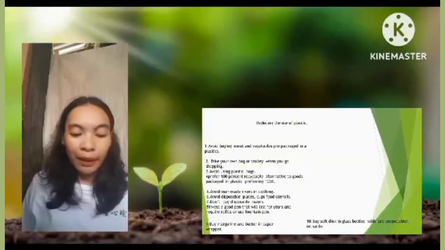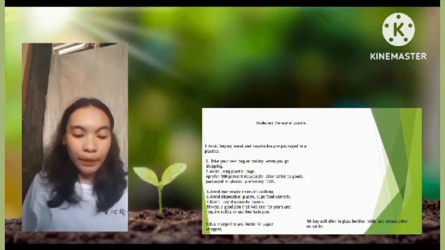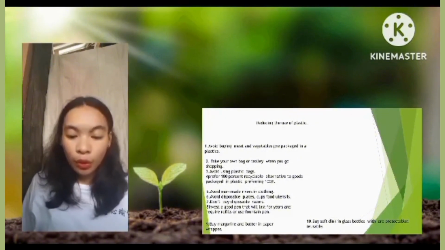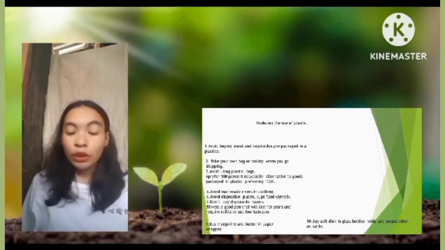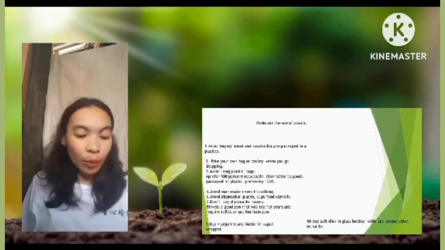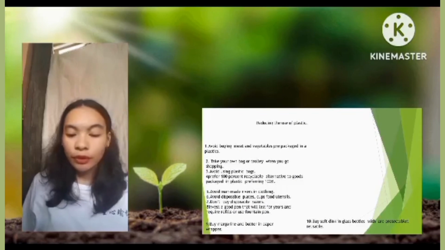2. Take your own bag or trolley when you go shopping. Bringing your own bag or trolley when you go shopping is a simple way to reduce plastic waste. Disposable plastic bags contribute to environmental pollution and take a long time to decompose.